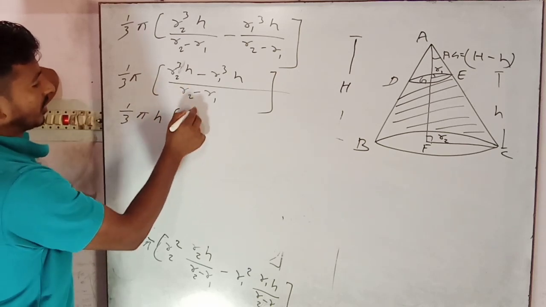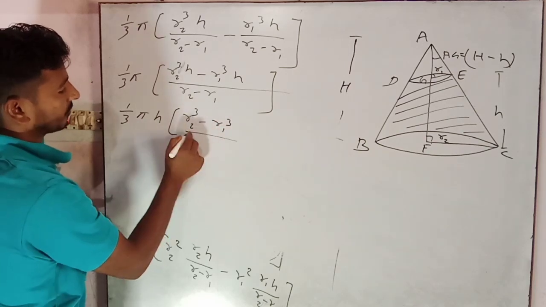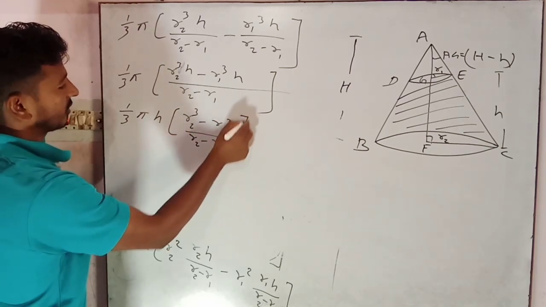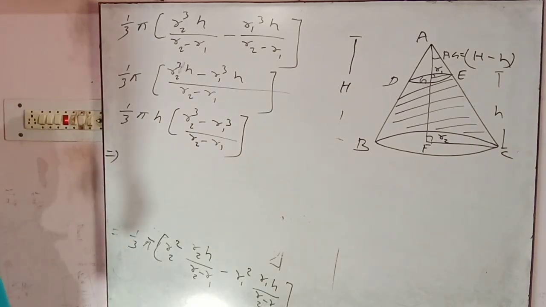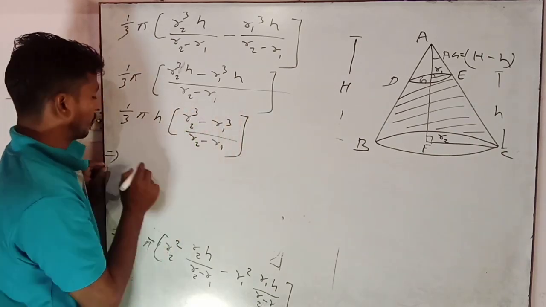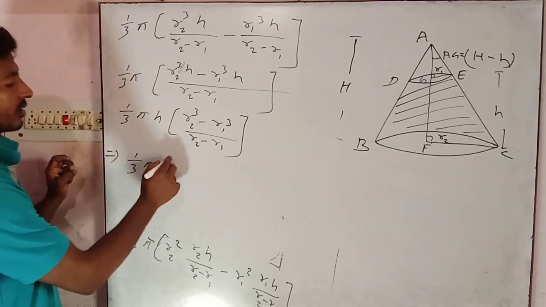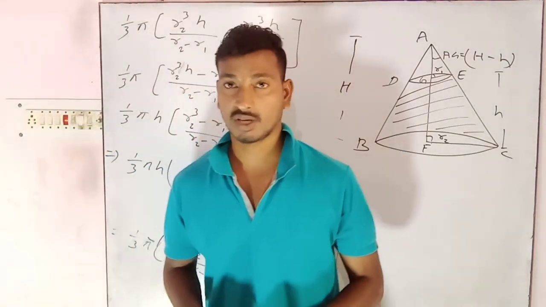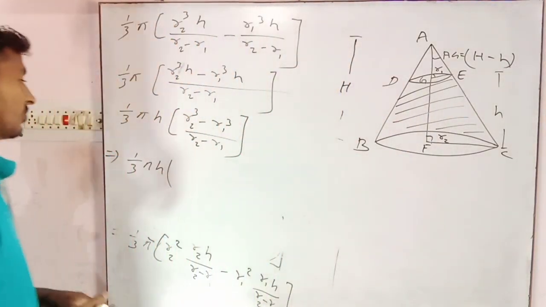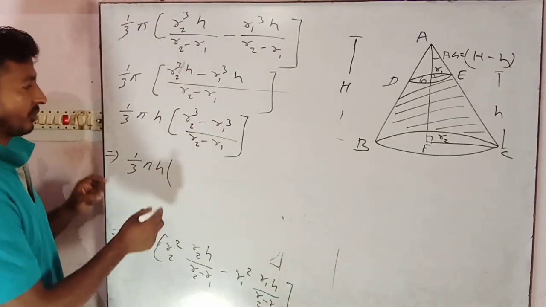So we are left with R2 cube minus R1 cube by R2 minus R1. Almost we have reached the derivation. Now a cube minus b cube. Do you know the formula for a cube minus b cube? Yes, a minus b into a square plus b square plus ab. All the formulas you should know by heart, otherwise it will be difficult, right? So all the algebraic formulas you should memorize.